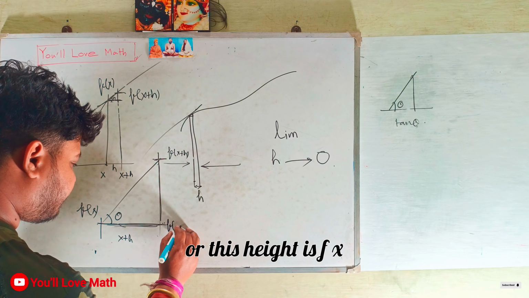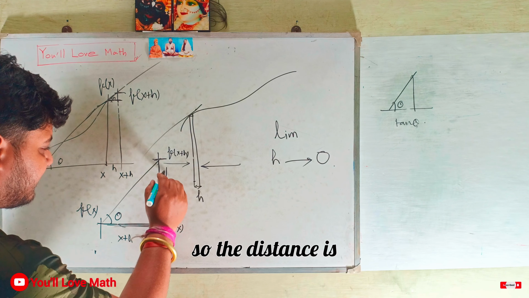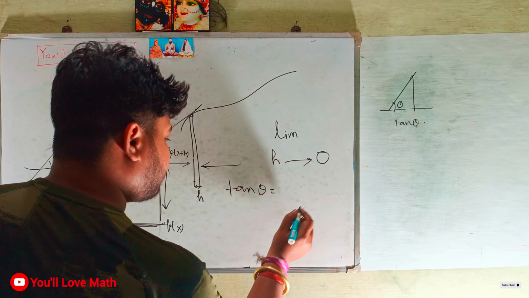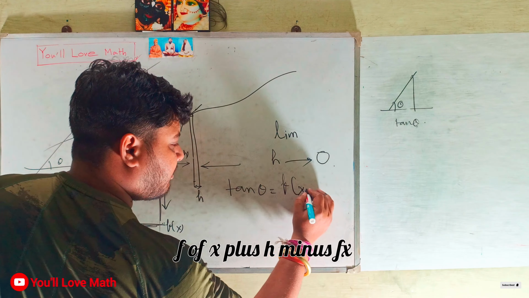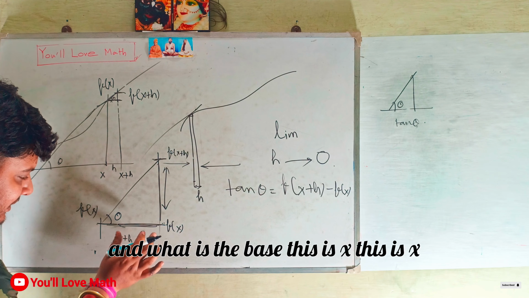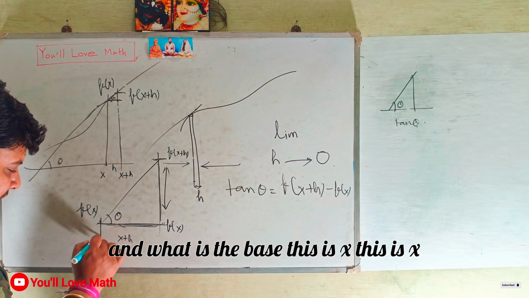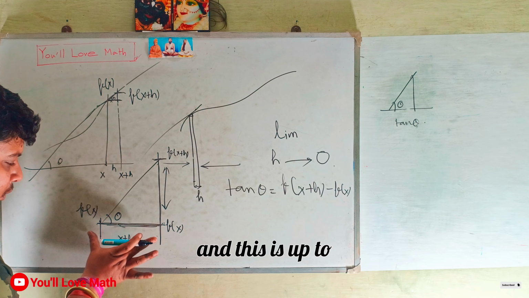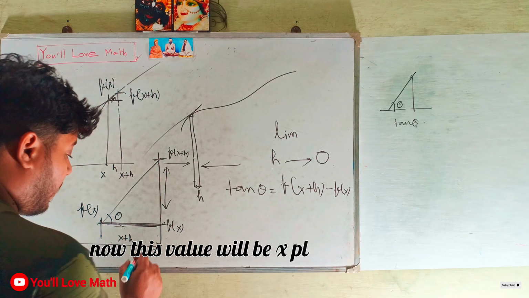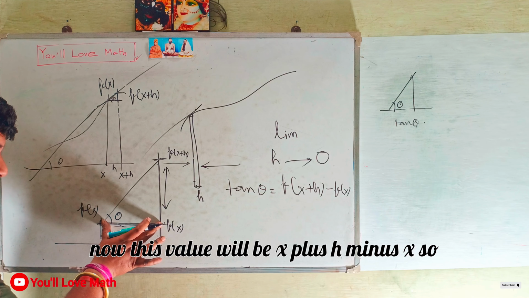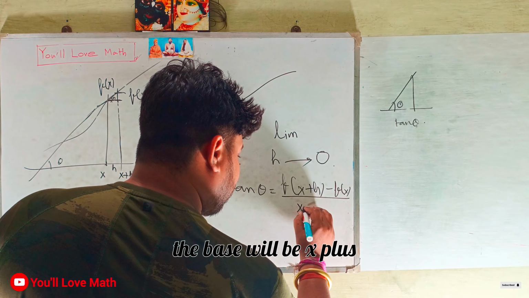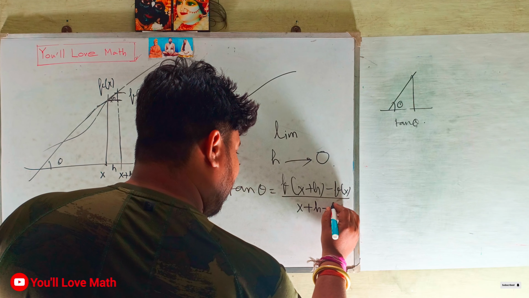So here tan theta will be f(x plus h) minus f(x). And what is the base? This is x, and this is up to that value on the x-axis, x plus h. So now the base will be x plus h minus x.